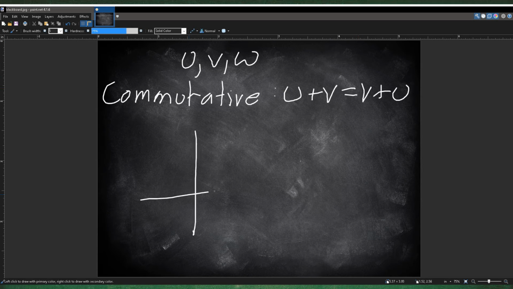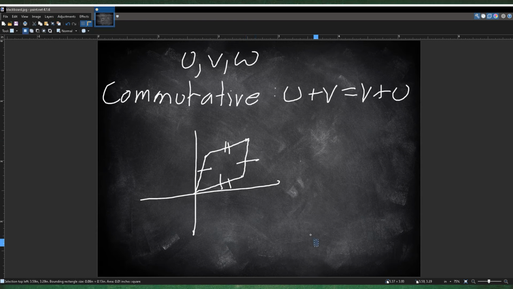Let's say you have vector u right here, and then vector v which goes up. It's the same as vector v first and then vector u. See how it's the same because it reaches the same point.